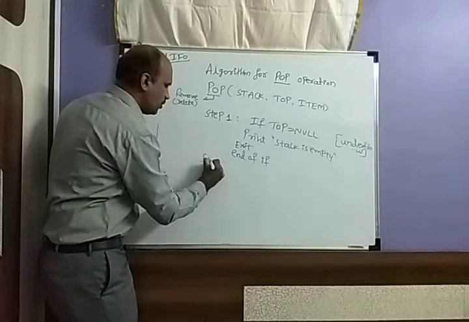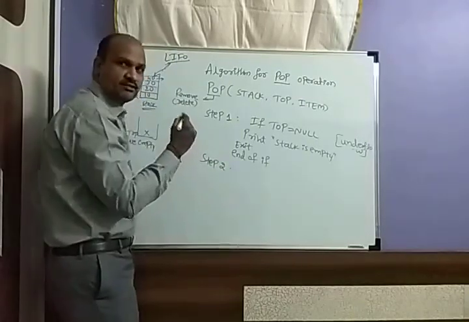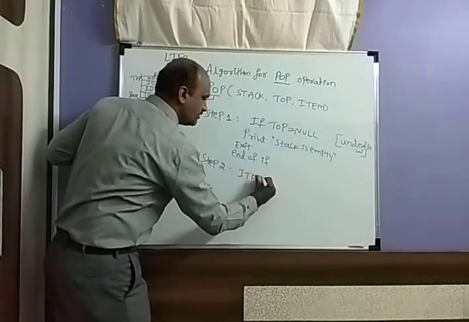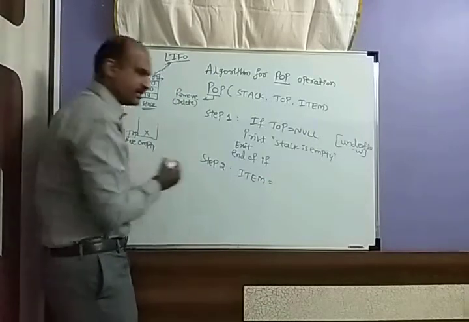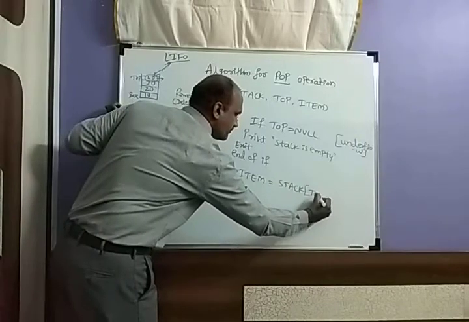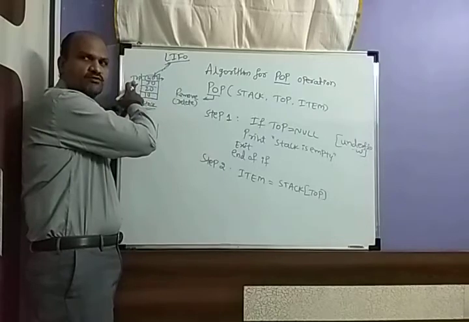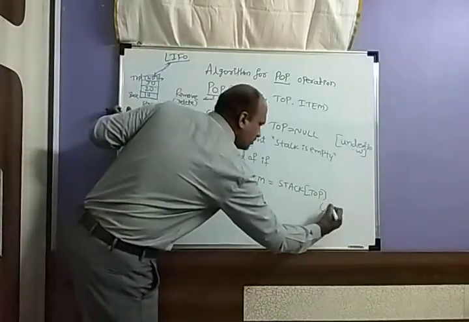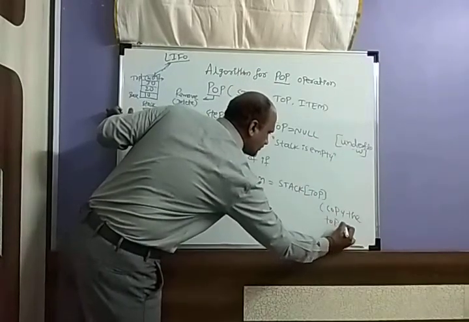Then step 2: item is equal to stack of top. This is the item which you want to delete. The item is equal to stack of top, that is, copy the top element.